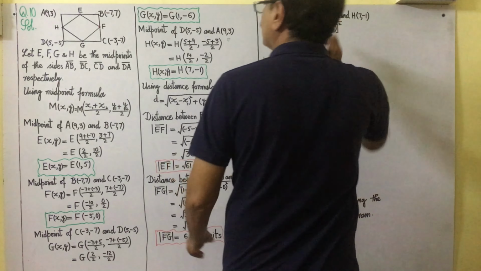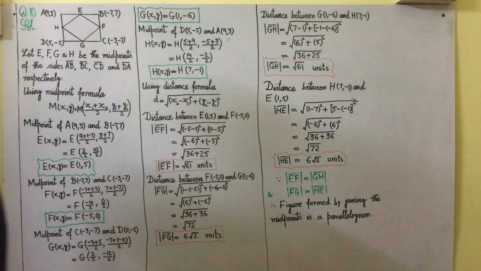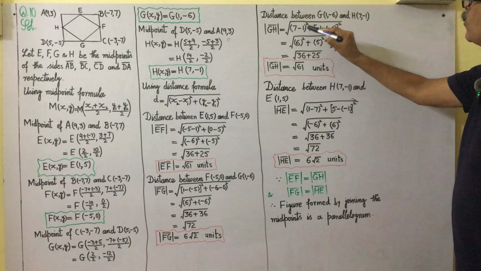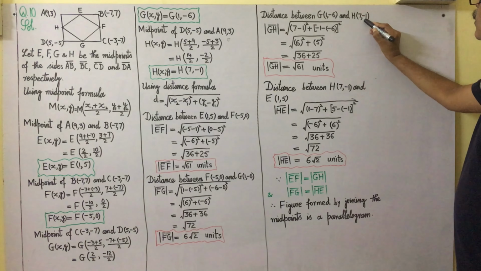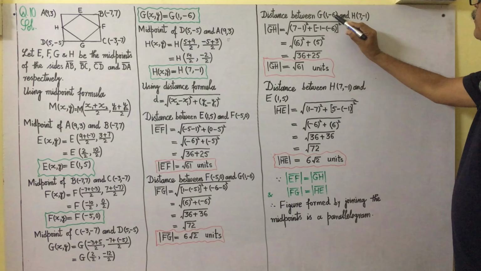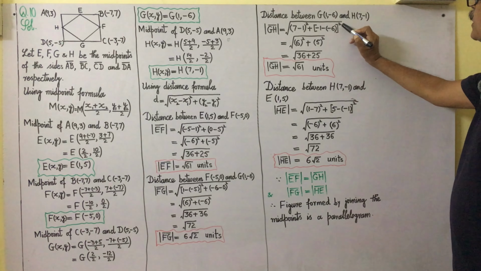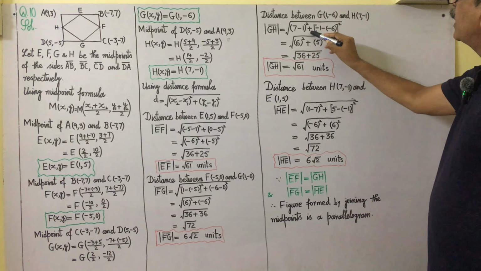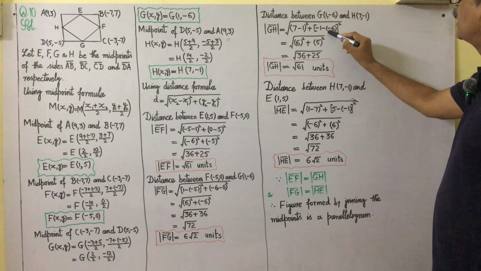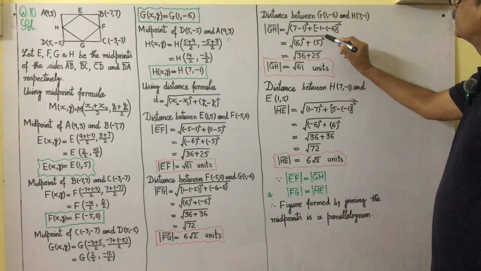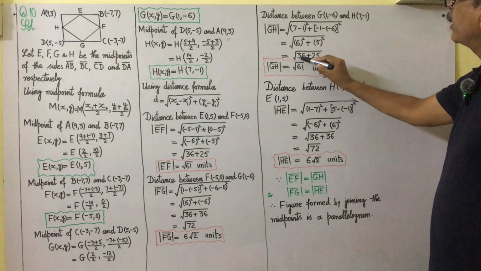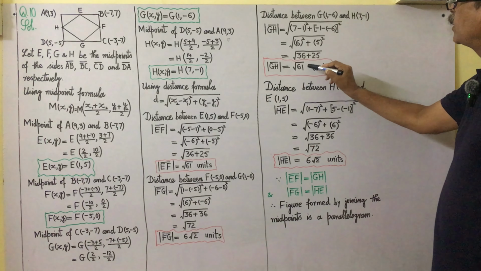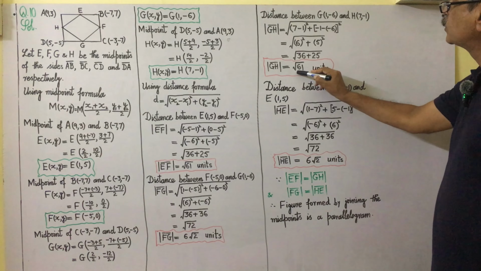Now we find the distance between G and H. (x2 minus x1) squared plus (y2 minus y1) squared: (7 minus 1) squared plus (-1 plus 6) squared, all under the square root. 7 minus 1 is 6 squared, minus into minus is plus, -1 plus 6 is 5 squared. 6 squared is 36, 5 squared is 25, 36 plus 25 is 61.